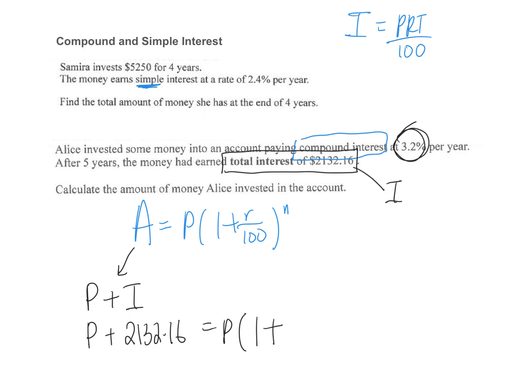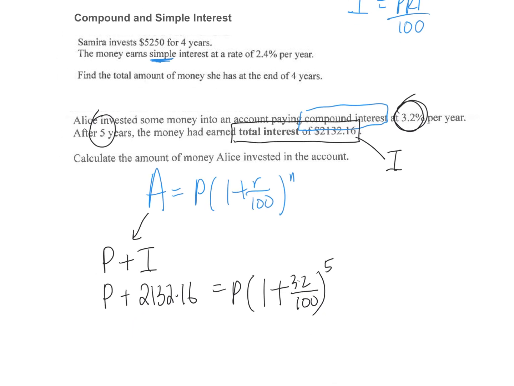The interest rate is 3.2% per year and for 5 years. So you go and calculate how many P you have. So this P bring over, minus 1P. Then treat it like algebra. You got something P minus 1P. Let's say this is 2.32.